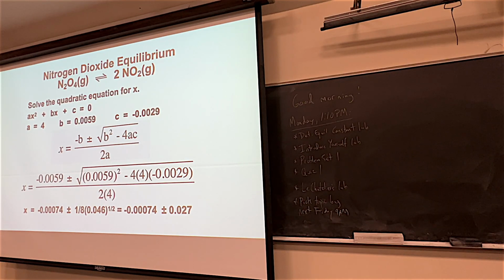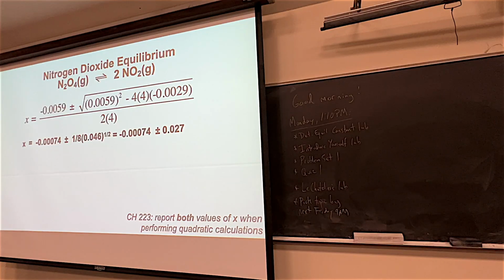And this is just the work that your calculator can do for you. Don't feel like you have to do anything crazy. When you solve for x, you get positive 0.026 and minus 0.028. And again, if you use solve or you do it by hand, you should report both values.